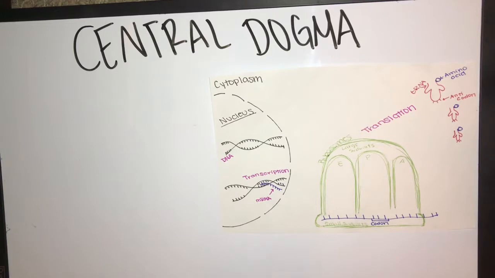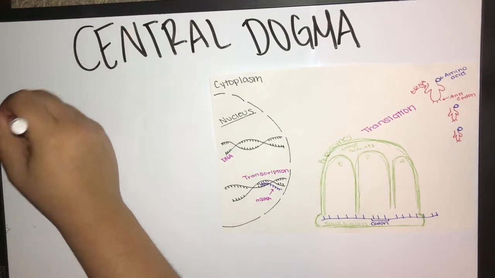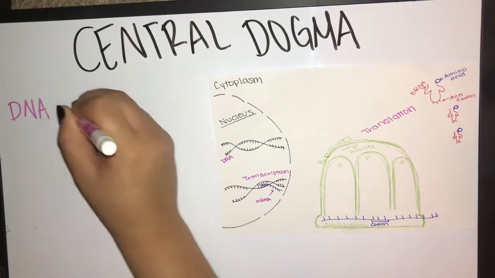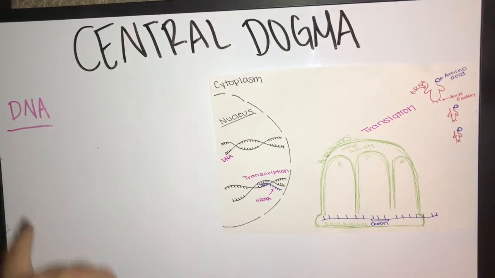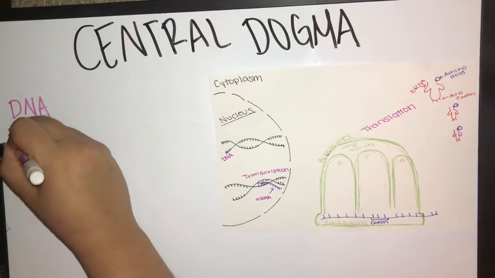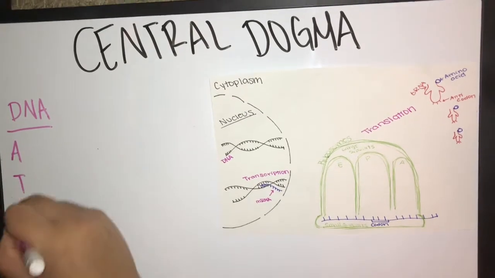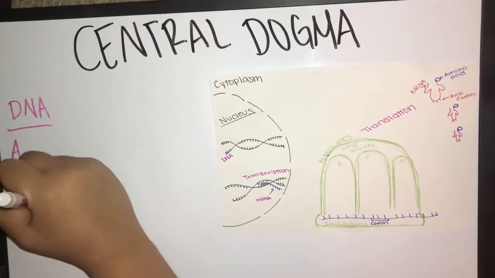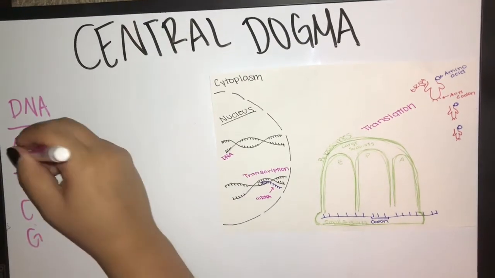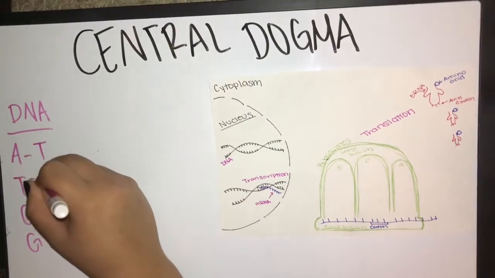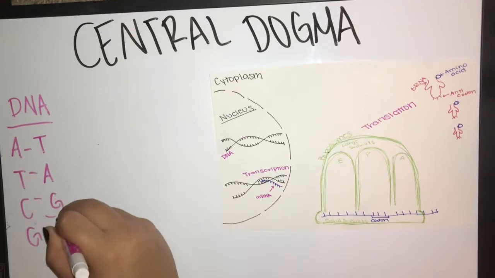But before I start, let's make sure we are on the same page. We need to know what DNA bases are. It's A, T, C, G. Now, do we know what they're paired up with? Yes. A goes with T, T goes with A, C goes with G, and G goes with C.